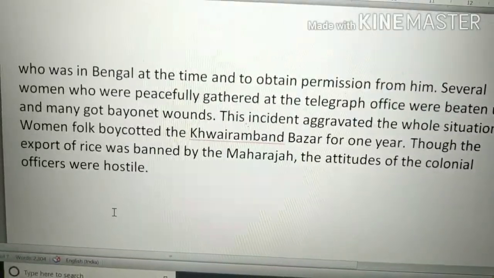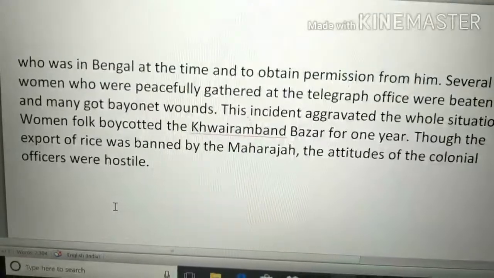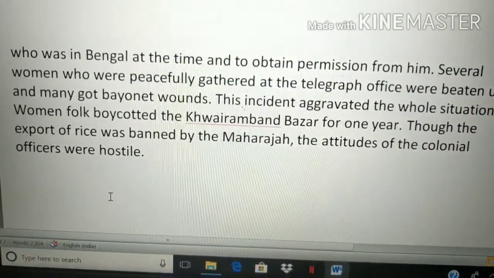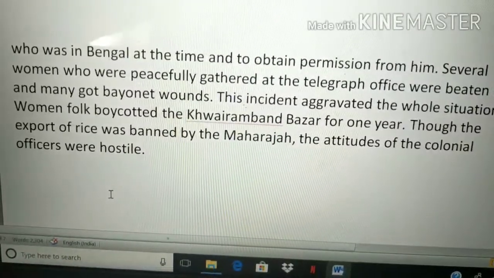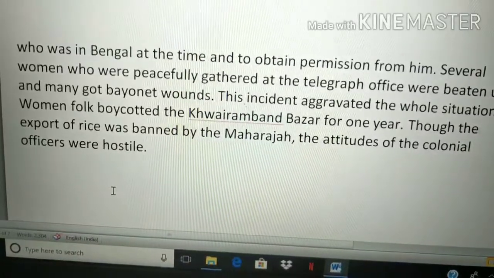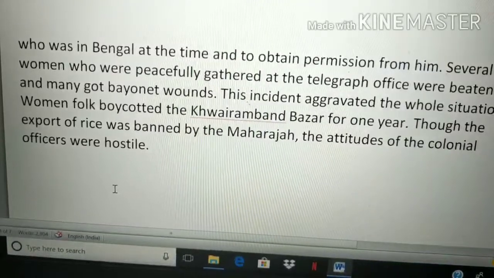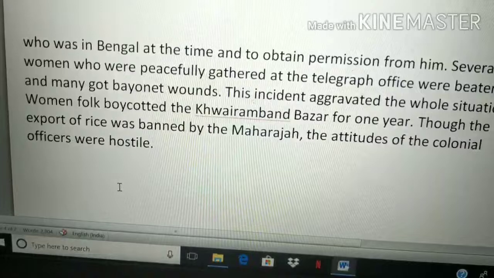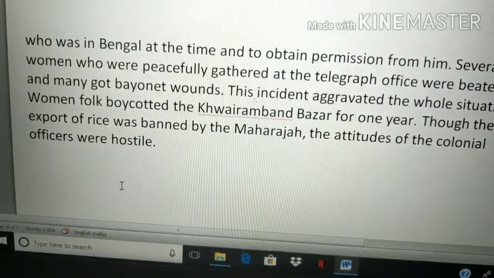Several women who were peacefully gathered at the telegraph office were beaten up and many got bayonet wounds. These incidents aggravated the whole situation. Women boycotted the Khwairamband Bazaar for 1 year. Though the export of rice was banned by the Maharaj, the attitude of the colonial officials was hostile.